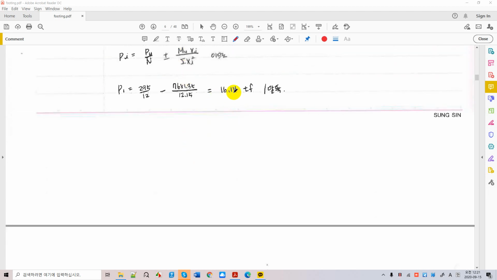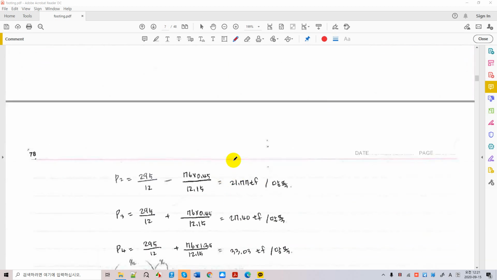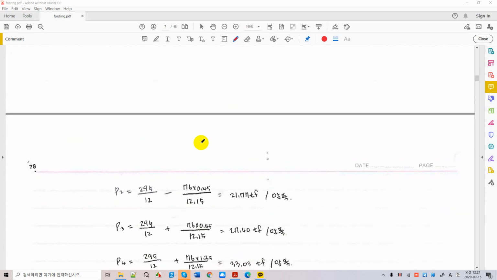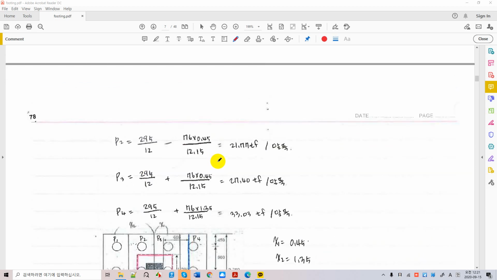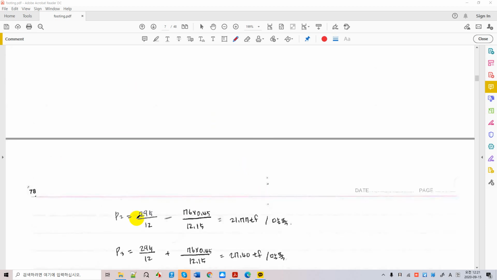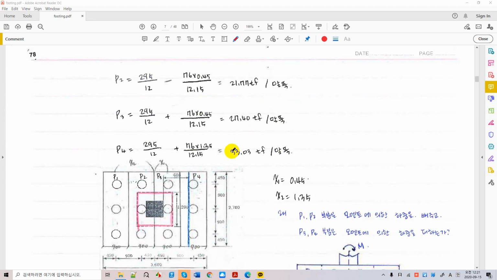So all the values, even on the tension side, are positive. So we don't have any tension piles so far, but we may have tension piles when the overturning moment is greater than the actual load, right there. Okay, so we don't have tension piles, but we have a force on the compression side and the tension side.